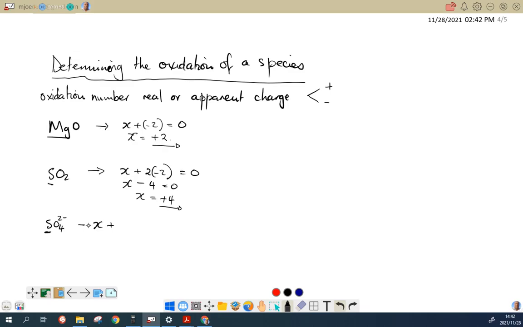We've got 4 of them, each one having a charge of -2, is equal to -2, which is the net ionic charge that's been given, the 2- there. All right, and therefore what we are going to then have is x minus 8 is equal to -2.